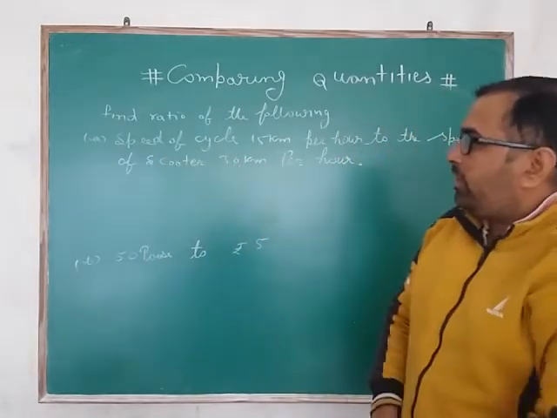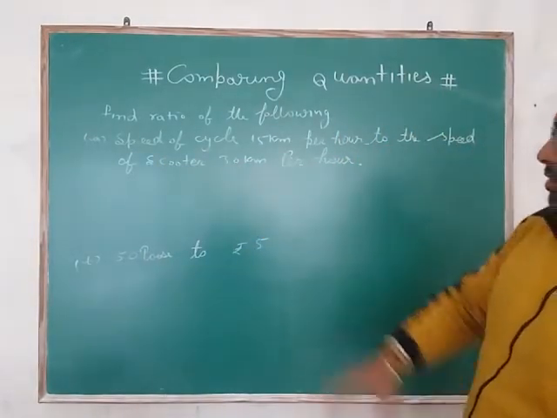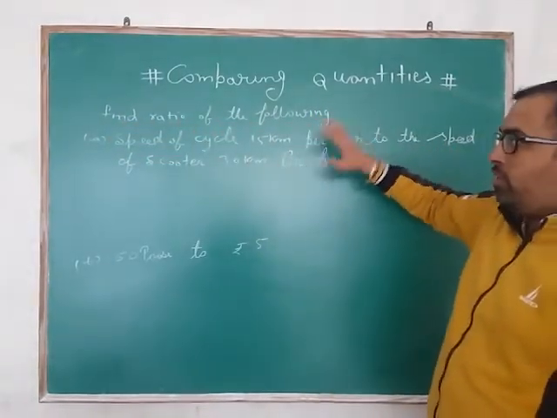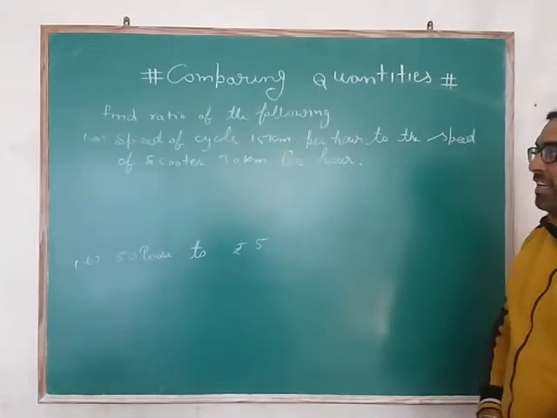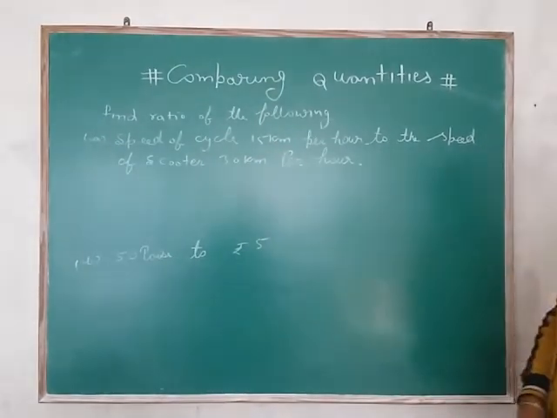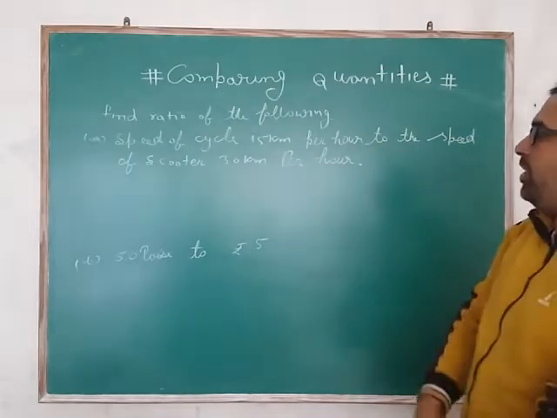Before that, we take a question. Find the ratio of the following. The speed of a cycle is 15 km per hour to the speed of a scooter, 30 km per hour.